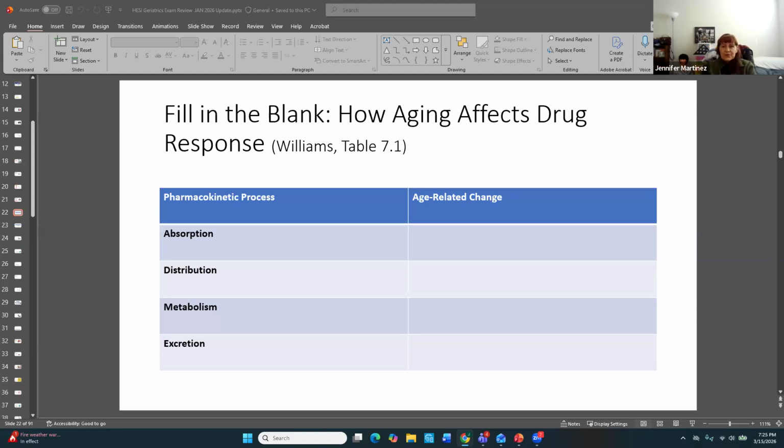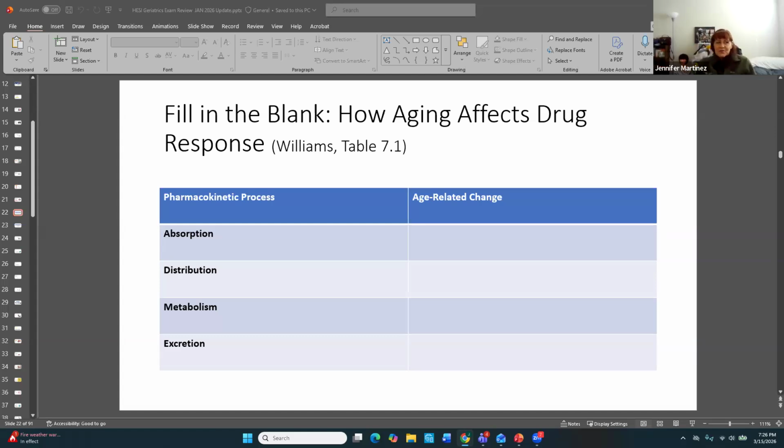When we look at distribution, we have a decrease in total body mass, lean body mass, and total body water content. There's generally an increase in total body fat, which can significantly alter the distribution of our medications. With metabolism, again, the liver is the primary source of drug metabolism.